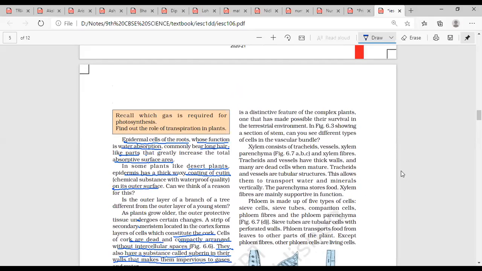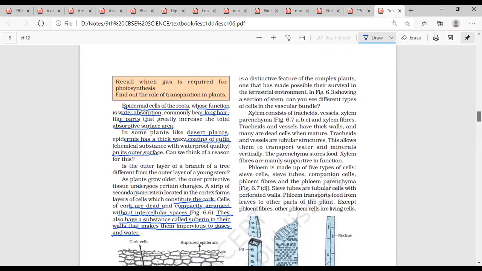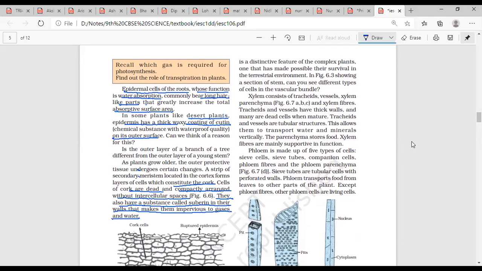The diagram is given. Both the diagrams are important, mostly asked diagrams. More than xylem, they have asked phloem. Now, what are xylem and phloem? What are the different types of cells that xylem and phloem consist of? Xylem consists of tracheids, vessels, xylem parenchyma, and xylem fiber.